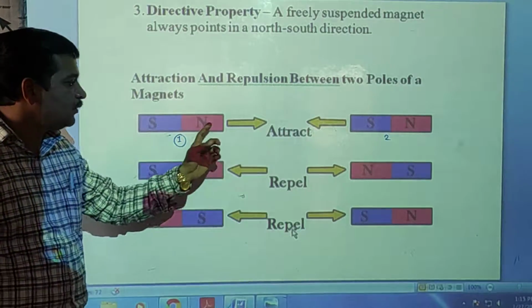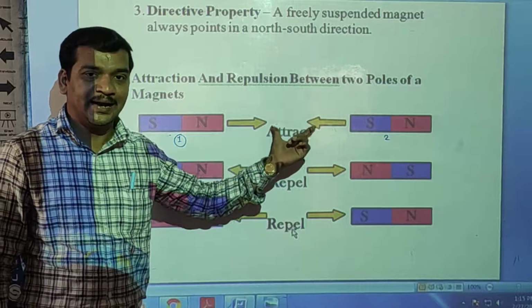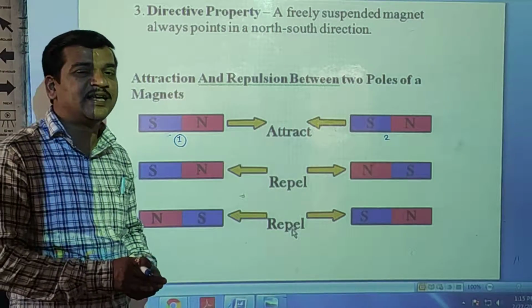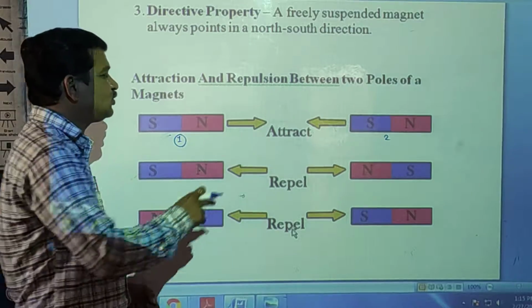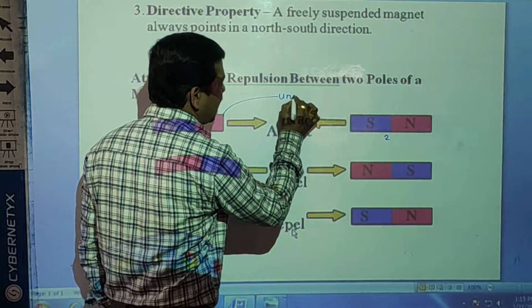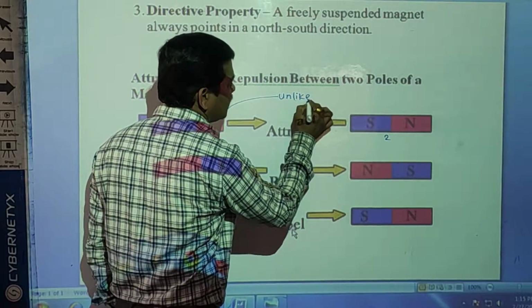Now tell me whether these two poles are like poles or unlike poles. Yes, correct, these two poles are unlike, which means they are not the same.